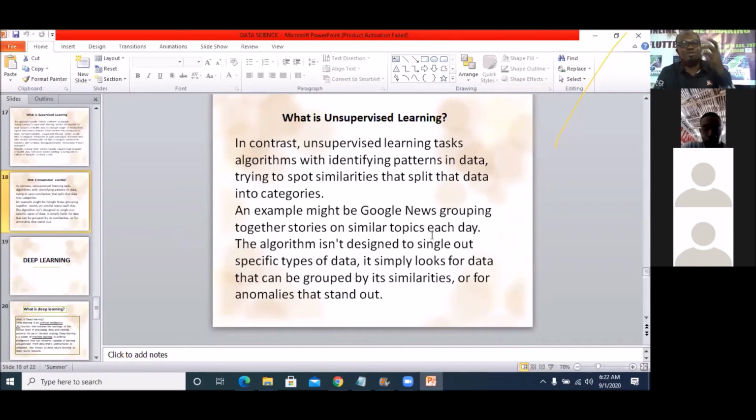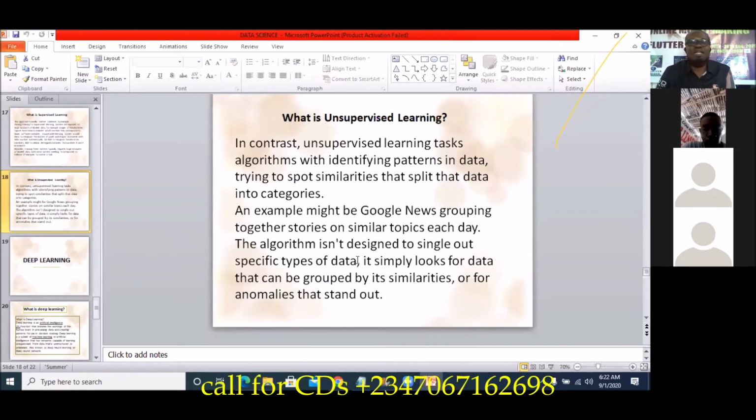Whenever you go to Google, you see what you like because it's able to use the predictive nature or ability of machine learning to suggest to you similar topics as you want. The algorithm isn't designed for specific types of data. It simply looks for data that can be grouped by its similarities or for anomalies that stand out.